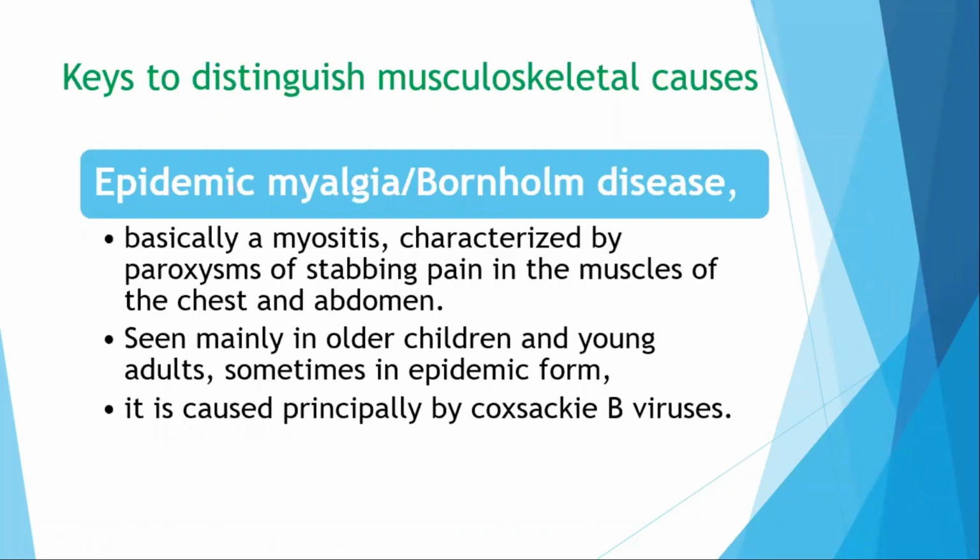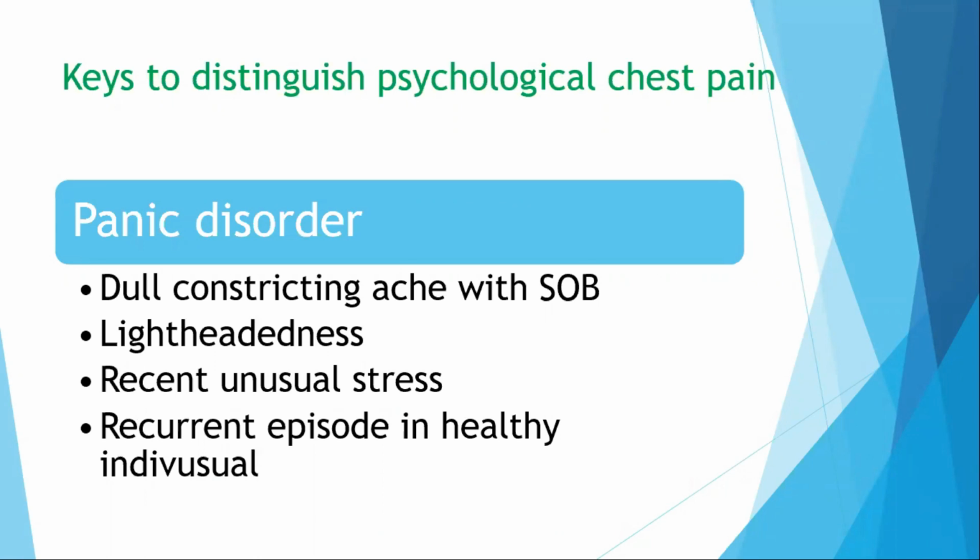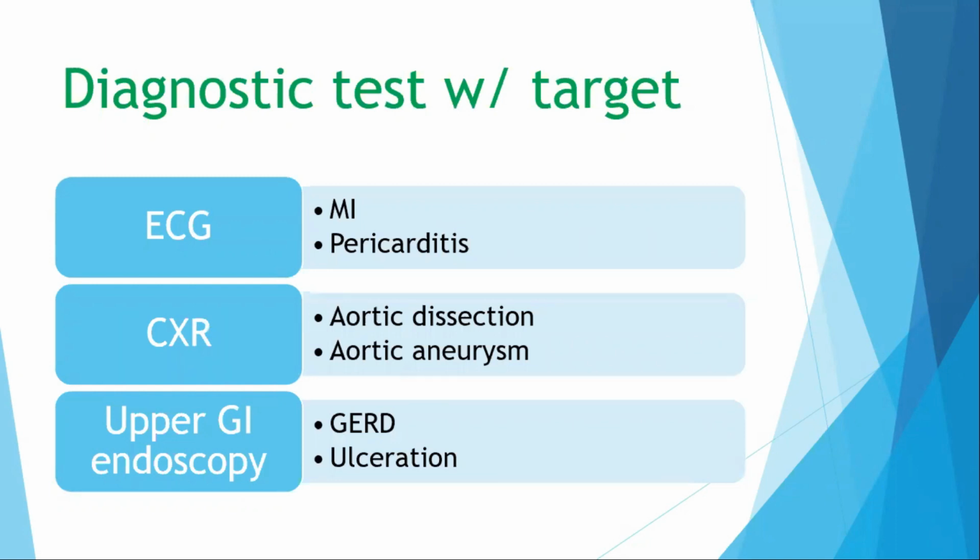Epidemic myalgia, basically a myositis characterized by paroxysms of stabbing pain in the muscles of the chest and abdomen, seen mainly in older children and young adults, sometimes in epidemic form, and caused principally by Coxsackie B virus. Panic disorder, which is a dull constricting ache with shortness of breath, lightheadedness, recent unusual stress, and recurrent episodes in a healthy individual.